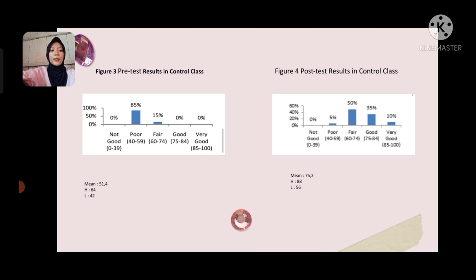This is because there are still some mistakes in the use of grammar and vocabulary, as well as difficulties in transferring ideas into writing. The average score for the post-test in the control class is 75.2. The highest is 88 and the lowest is 56.